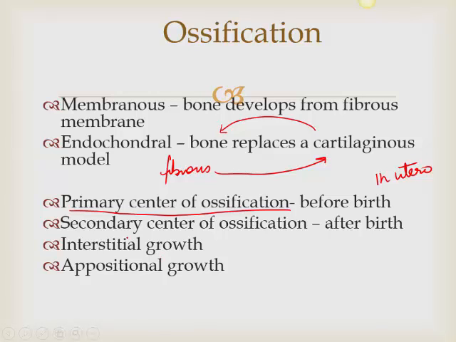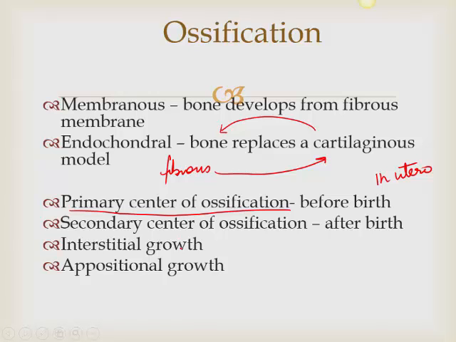Then we have other areas where ossification begins, known as secondary centers of ossification. These occur after birth. There are few exceptions, but most secondary centers occur after birth. But primary centers of ossification occur before birth, in uterine life.